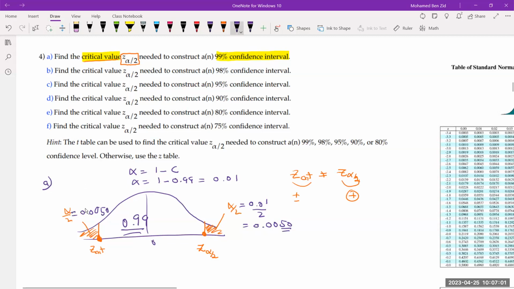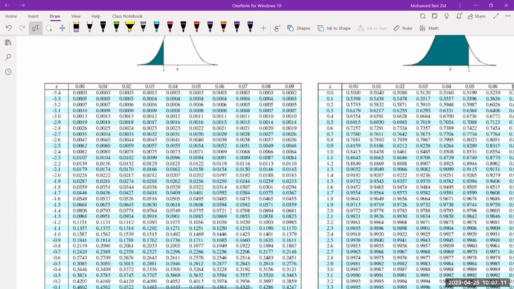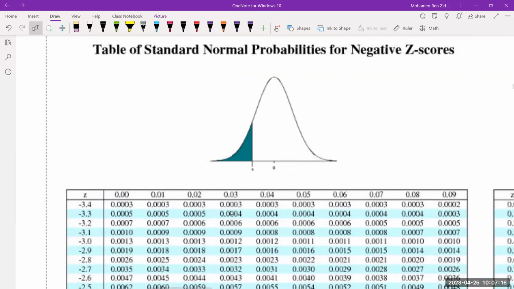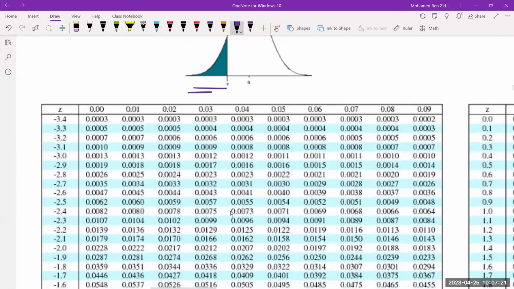Okay, so now I have my 4 digits and I'm looking for 50 on the table. So what's going to happen here? I'm going to start looking from inside. And usually you look only for the small tail, so usually you look for this side only, the left side. I'm looking for the value 50, 50, 50. So 51 here and 49 here. So the value is going to be somewhere in the middle, between 70 and 80, that's 75, right?